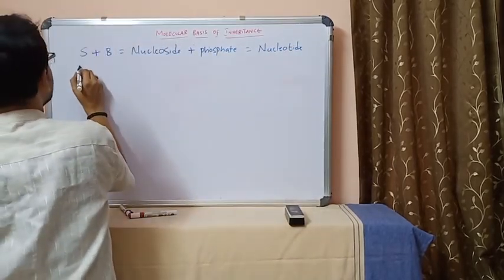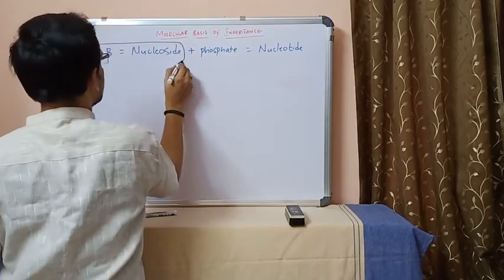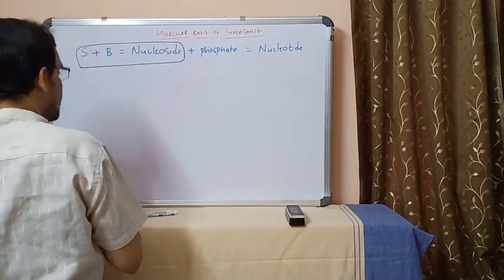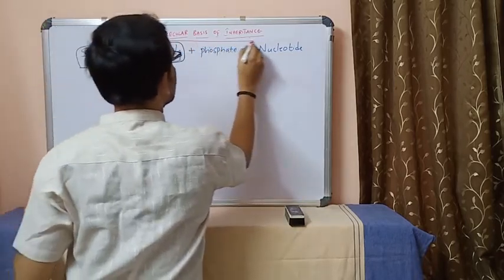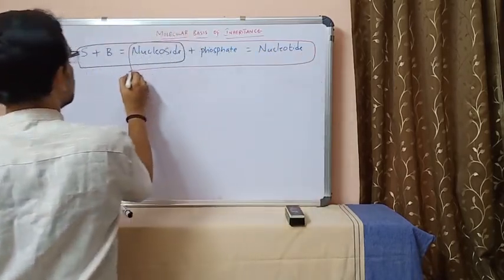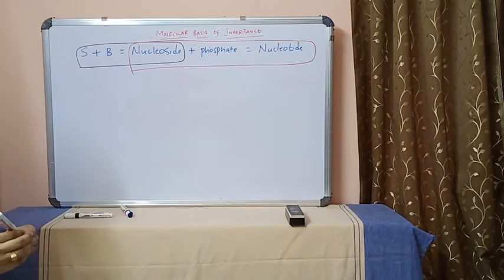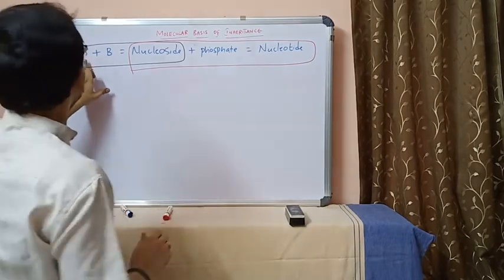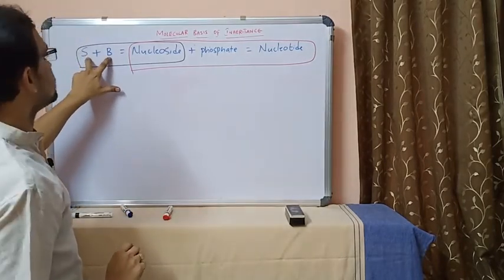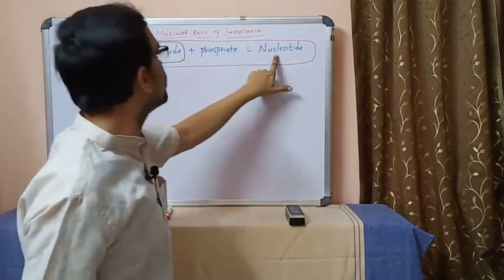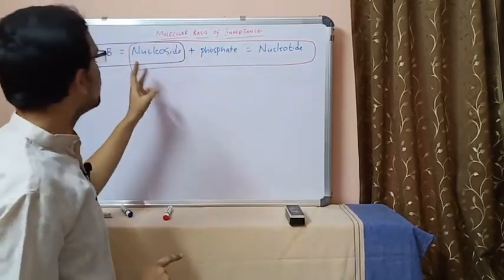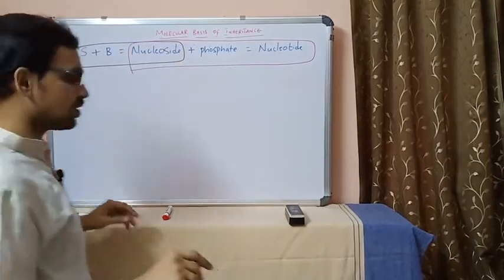So sugar plus base is equal to nucleoside. Nucleoside plus phosphate is equal to nucleotide. Okay, so sugar plus base. In case of nucleoside, no phosphate. In case of nucleotide, sugar, base, phosphate.